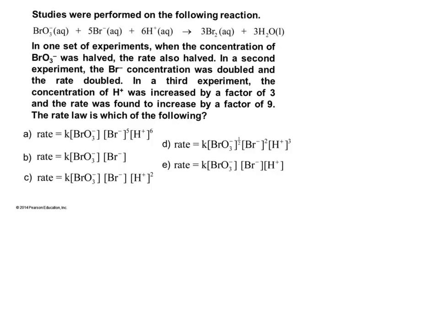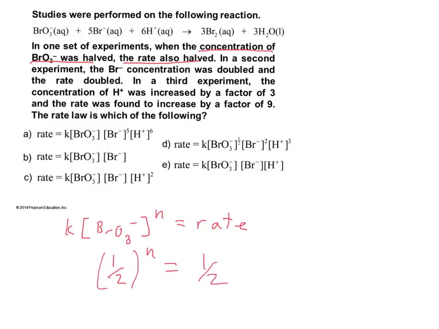They said that the concentration of bromate was halved, and that the rate was also halved. So what they said is we have bromate to the n power times a constant equals a rate, and that when I halved my concentration of bromate, my rate was halved.